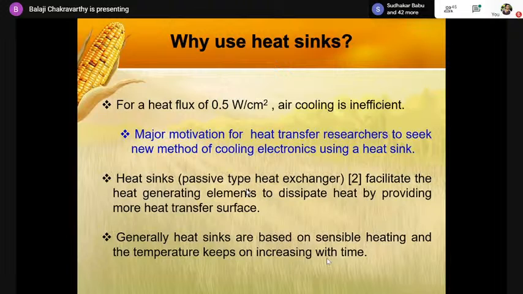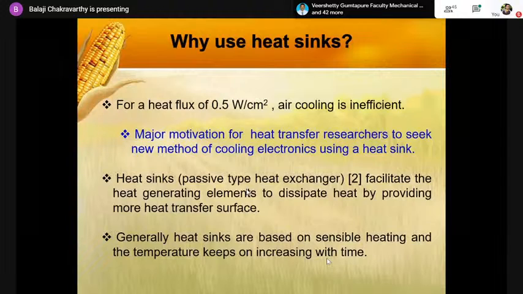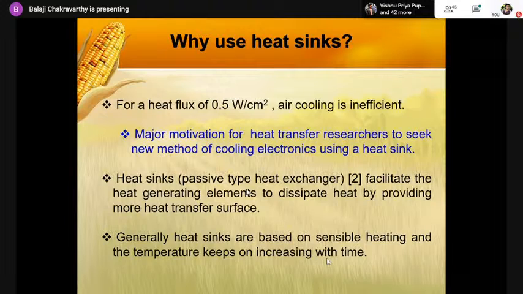So basically, this Q equal to hA delta T. Now let's say Q is fixed. So the goal is now to bring delta T down. This is the goal. So you either increase the A or you increase the h. If Q is fixed and A or h is increasing, then delta T will go down. So this is basically fins.